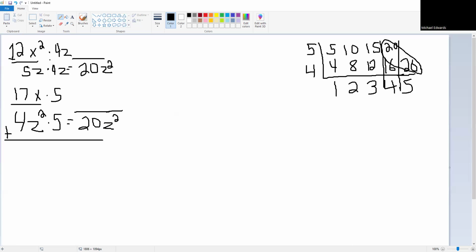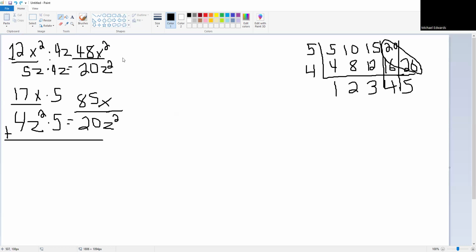All right, so 17 times 5 is 85. So we have 85x. This one is 12 times 4, which is 48, x squared z. That's supposed to be z. How about that?